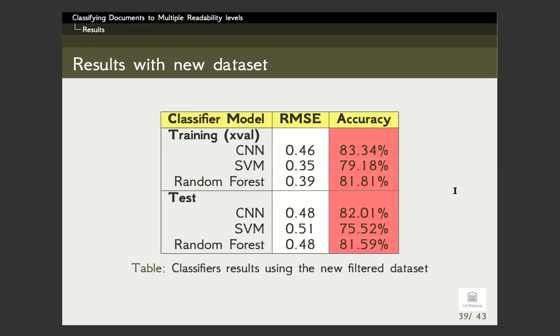By applying the classification using our classifiers CNN, SVM, and random forest on the new version of the dataset, we can see here the accuracy is much better. The CNN gave us, like before, 82%, while the RMSE values decreased to less than 0.5 for both CNN and random forest.